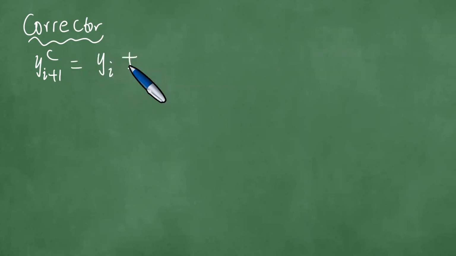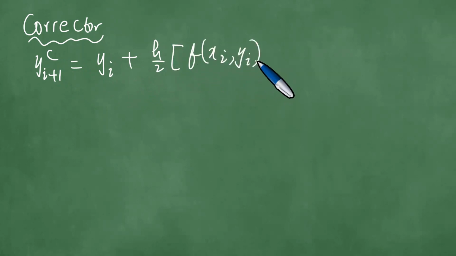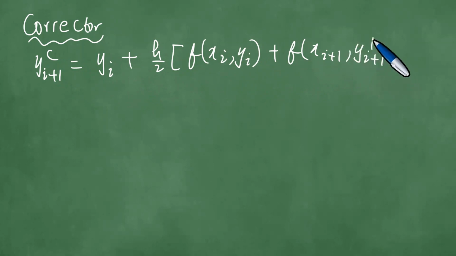So y_{i+1} corrector is y_i plus h over 2 times f(x_i, y_i) plus f(x_{i+1}, y_{i+1}).